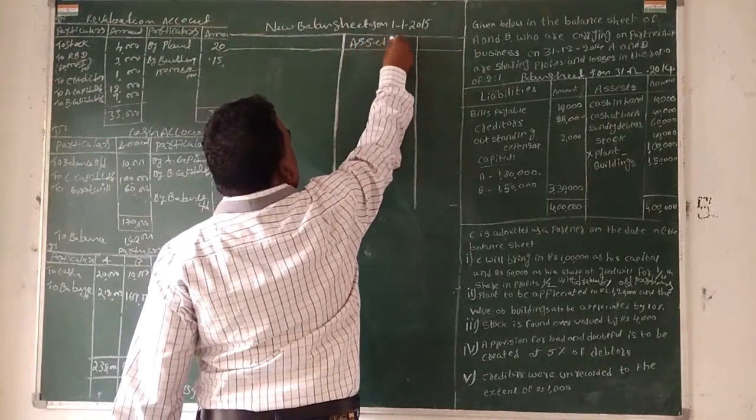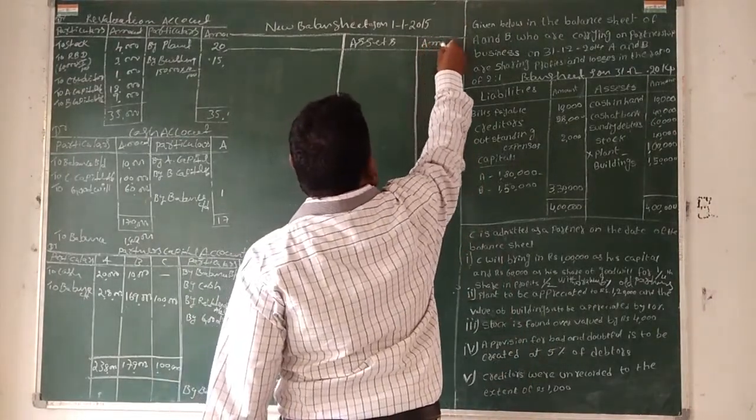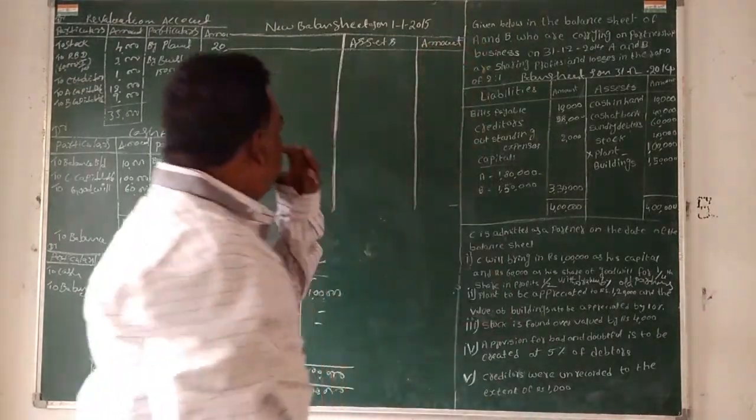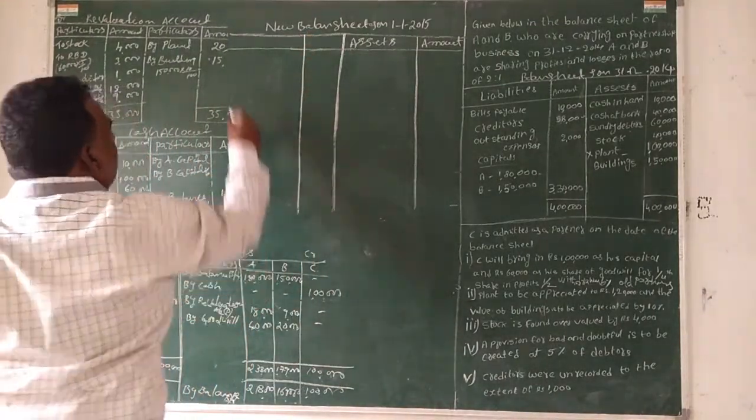According to the old balance sheet, assets are like this, liabilities are like this. According to the new balance sheet, some changes may have taken place in assets and liabilities.